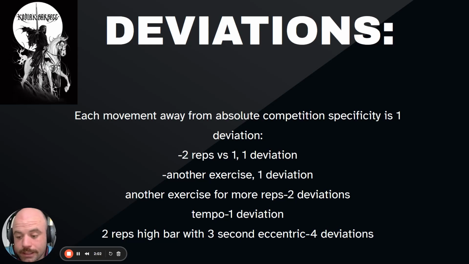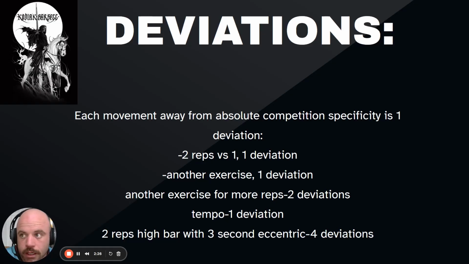What that may look like, let's say you were doing doubles, high bar, 3-second eccentric, is fatigue singles, low bar afterwards, right? So a set of 1 low bar is no deviation. That is the competition movement. So if we're going down the deviation or variation rabbit hole, we also still need to immediately afterwards practice that competition movement.